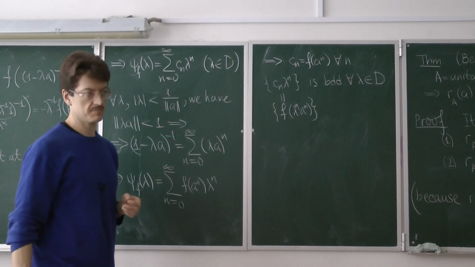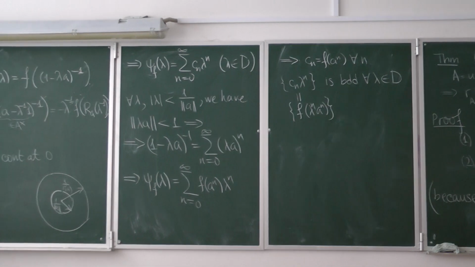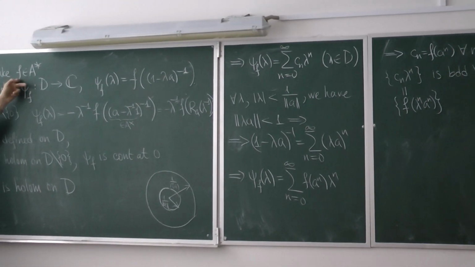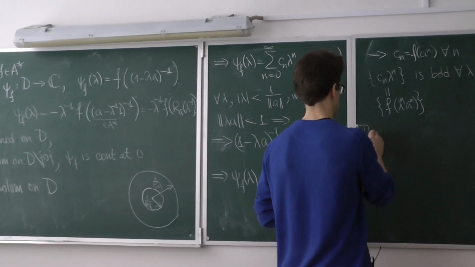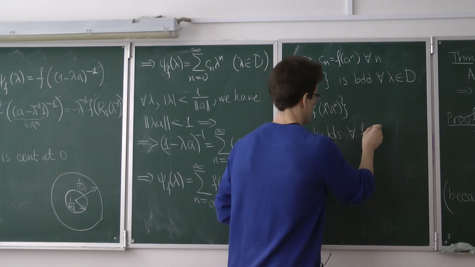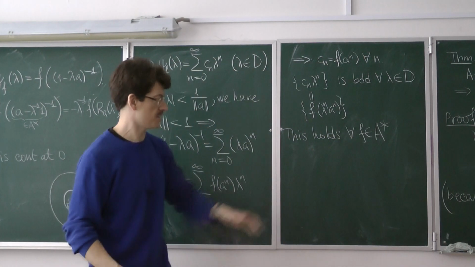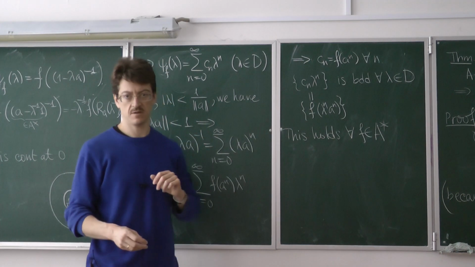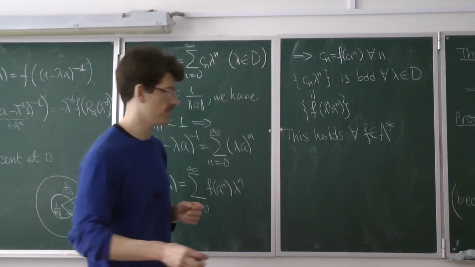This is bounded. And now let's recall that f, what was f? F was an arbitrary bounded linear functional on A. So this holds for each bounded linear functional on A. For each bounded linear functional on A, this sequence is bounded. And now let's recall a corollary from the Banach-Steinhaus theorem.